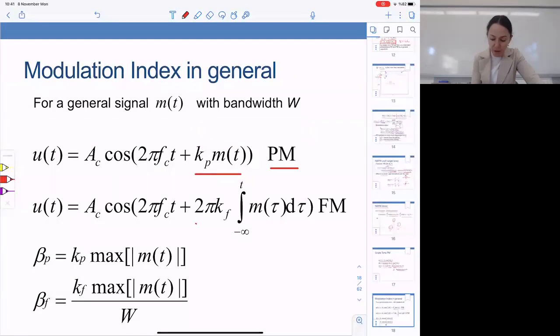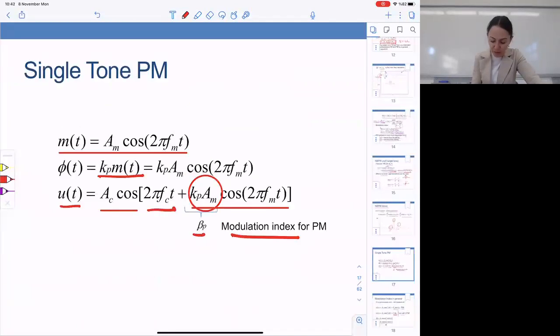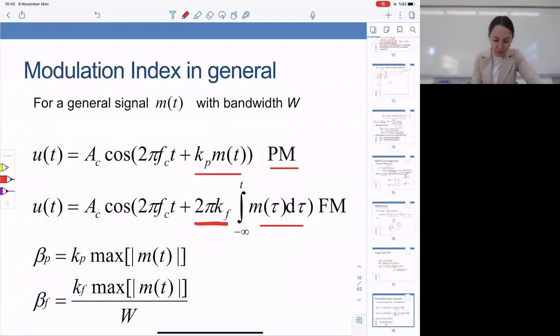And in FM, we have 2 pi k_f times the integral of the message coming in as a phase term. Now, in the PM case, the modulation index was defined as k_p times the maximum amplitude of m(t).